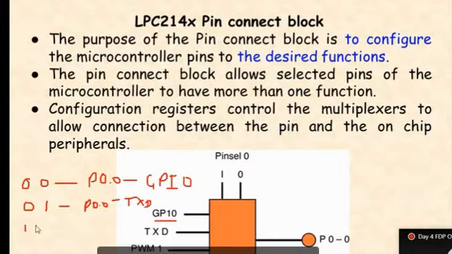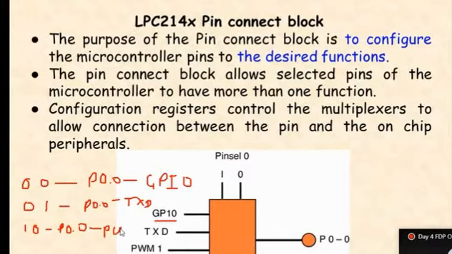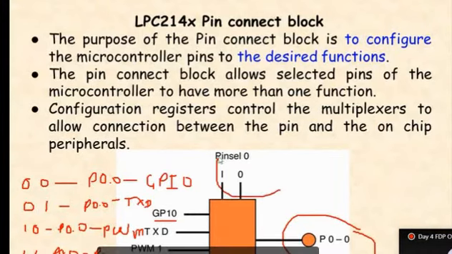If it is 1 0, then P0.0 is PWM, and if it is 1 1, then P0.0 is reserved for your application. Reserved.